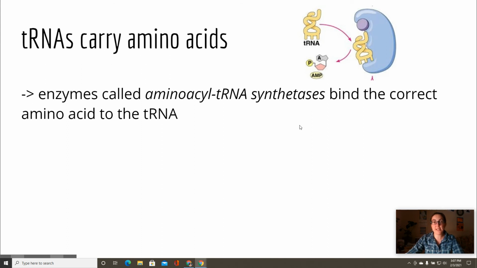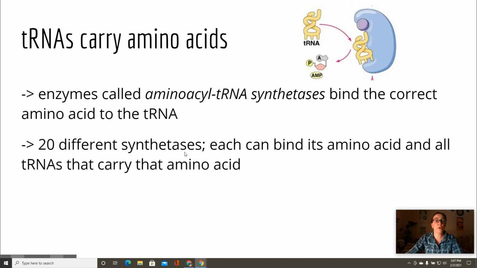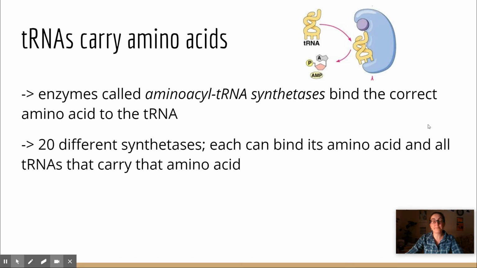So these enzymes, there are about 20 different kinds. Each of them can bind to its amino acid. So they're very specific in this top binding site. Only one amino acid will fit there. And it can also bond with any transfer RNA that has an anticodon that codes for that particular amino acid.